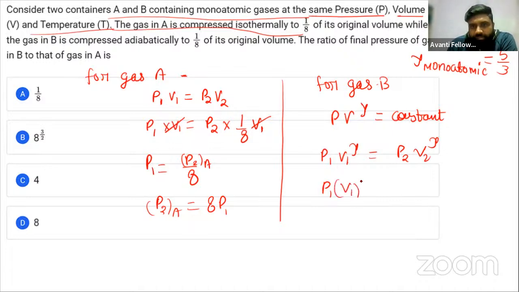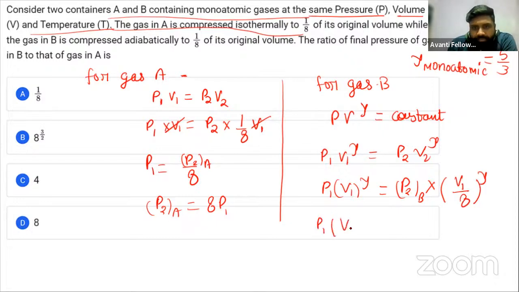Now P2 of B is the different final pressure, and V2 is 1 by 8 of V1.